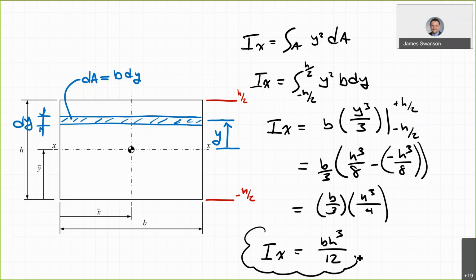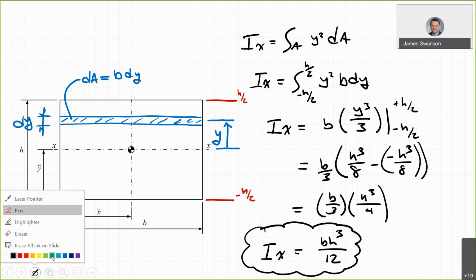Okay, that's a big deal. We're going to use that a lot. It's written down for you on your equation sheet, but you'll probably memorize that after you do the homework problems. You probably won't forget that again. If we wanted to, we could look at a different axis.